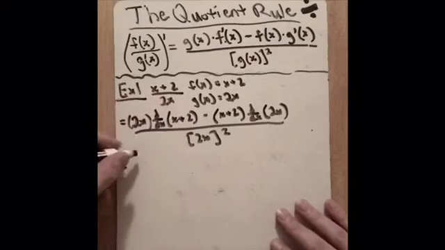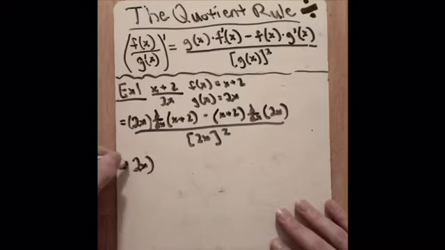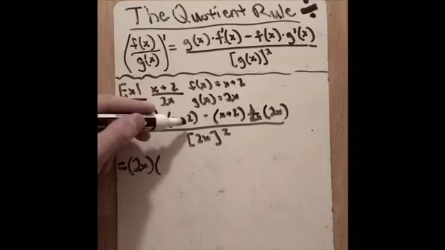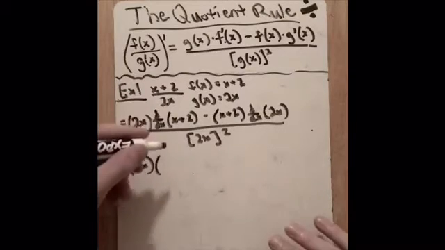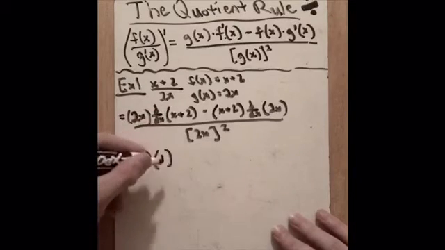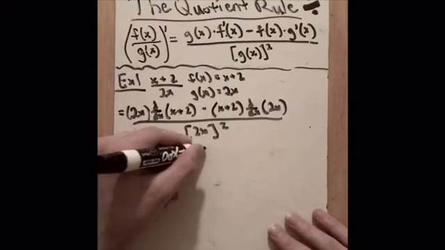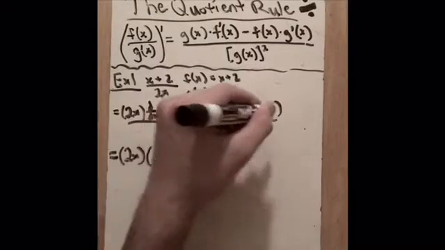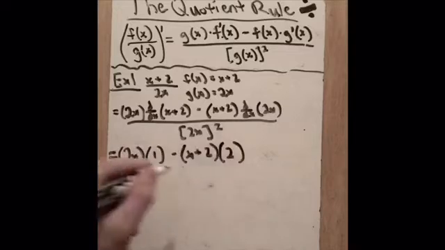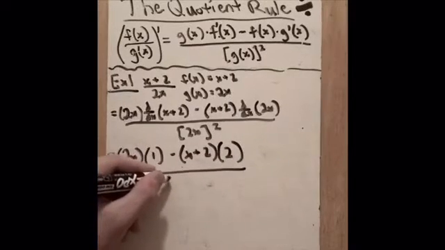Alright, now we're going to take the derivatives, so we get 2x times the derivative of x plus the derivative of 2. The derivative of x is 1 plus 0, which is just 1. And we get x plus 2. And the derivative of 2x is 2. All over 2x squared.